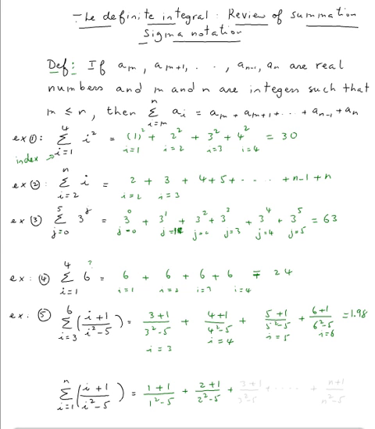If you plug in 3, you'll get 3 plus 1 over 3 squared minus 5. And then we keep going all the way to the last term n. We plug n for i, so n plus 1 over n squared minus 5. And that's it for these examples.